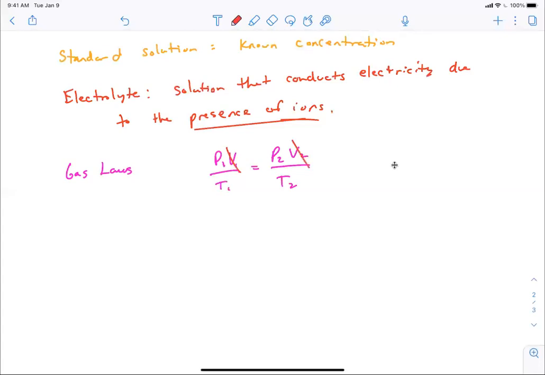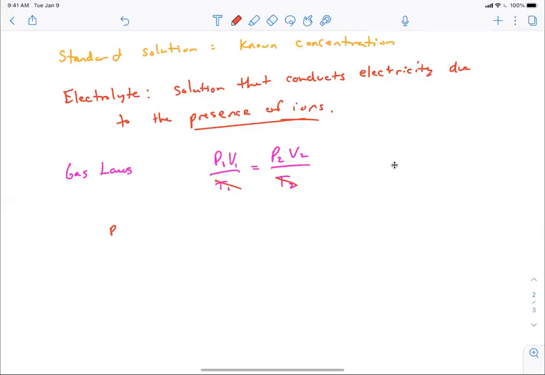And so P1 over T1 equals P2 over T2. If T1 goes up to T2, then P1 will also have to increase to P2 to make these things equivalent to each other. Or rather, when T is constant, if P goes up, V has to go down to counteract that increase so that the values are the same because they're inversely related to each other. Okay, remember that term inverse relationship between pressure and volume, because that will help you also determine your graphs.